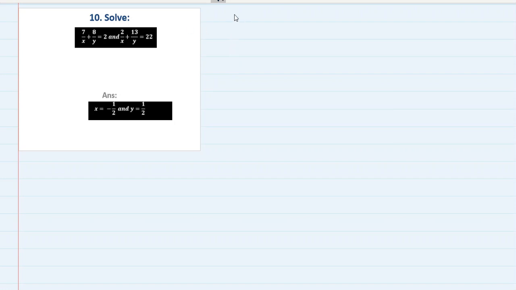Let's start. The first equation, 7 by x plus 8 by y is equal to 2, and 2 by x plus 13 by y is equal to 22.